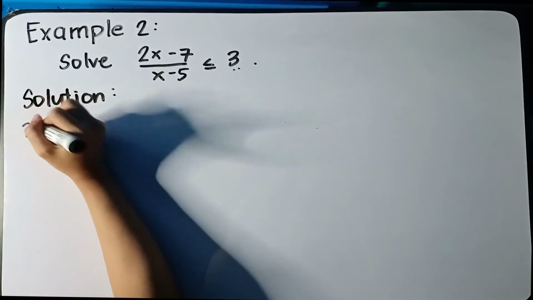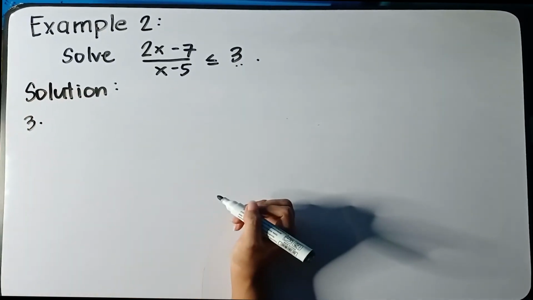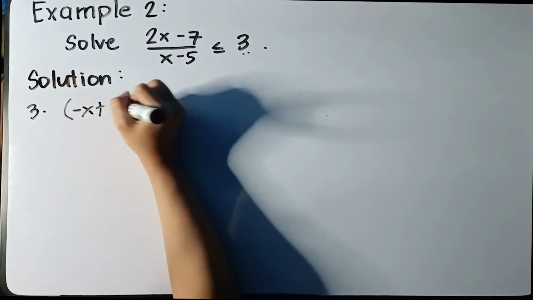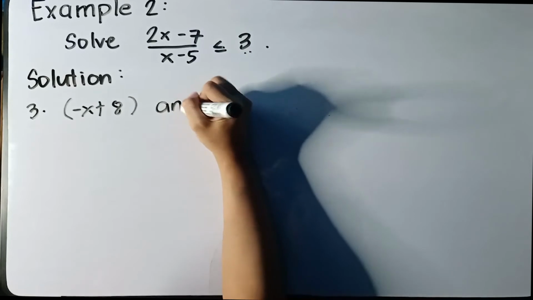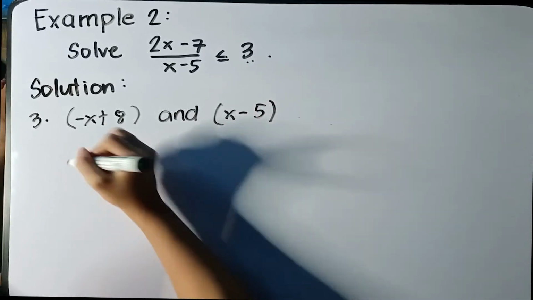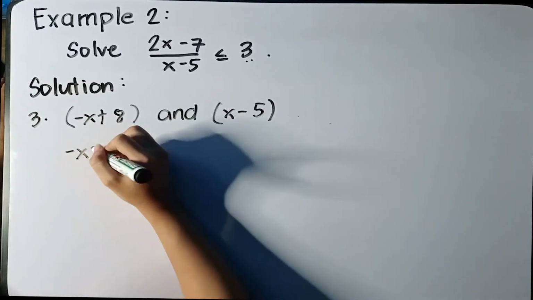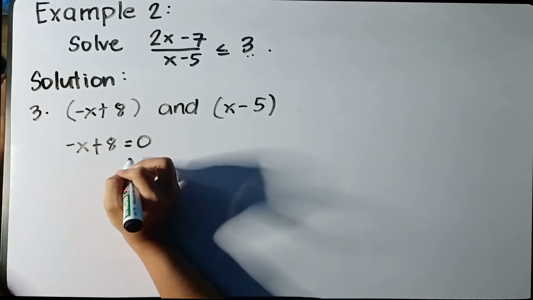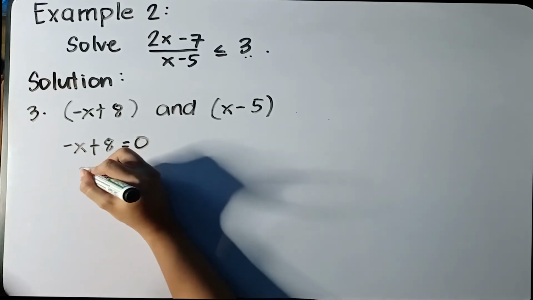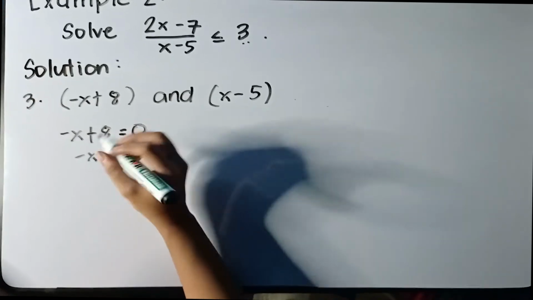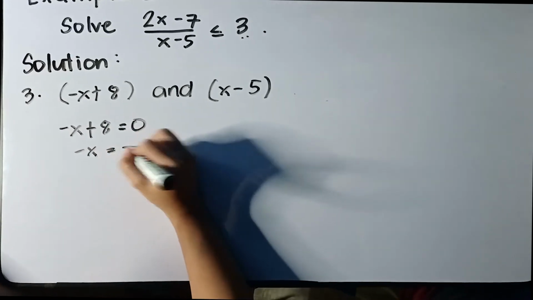For the third step, we need to determine the critical points. So we have two factors. Again, we have negative x plus 8 and x minus 5. In getting critical points, you're just equating each to 0. So negative x plus 8 equals 0. So we have negative x, transpose positive 8 to the right side, we have negative 8.